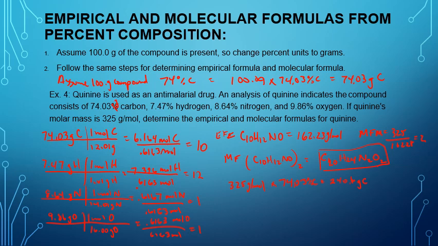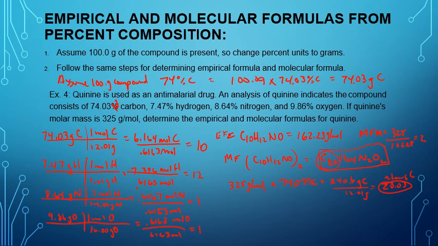If I divide the 240.6 by the molar mass of carbon, 12.01, you'll see that it comes out to be 20.03. That would be my number of atoms of carbon. Notice here I've got 20 for my final answer.